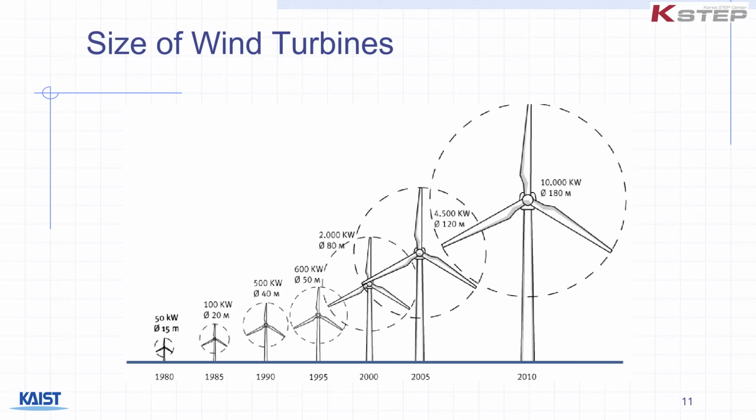Ooh, very high, right? Is there any building in the Daejeon area which is higher than 36? Yeah, several in the Daejeon area, right? So anyway, it's a big wind power system.